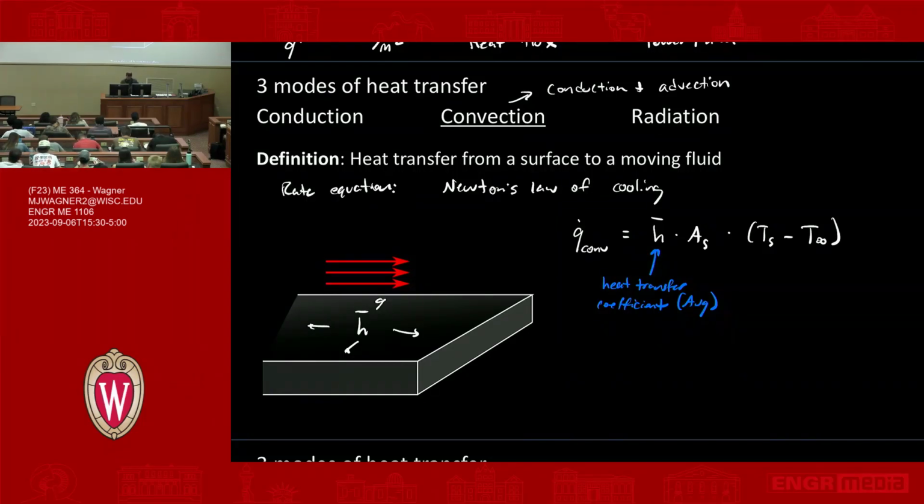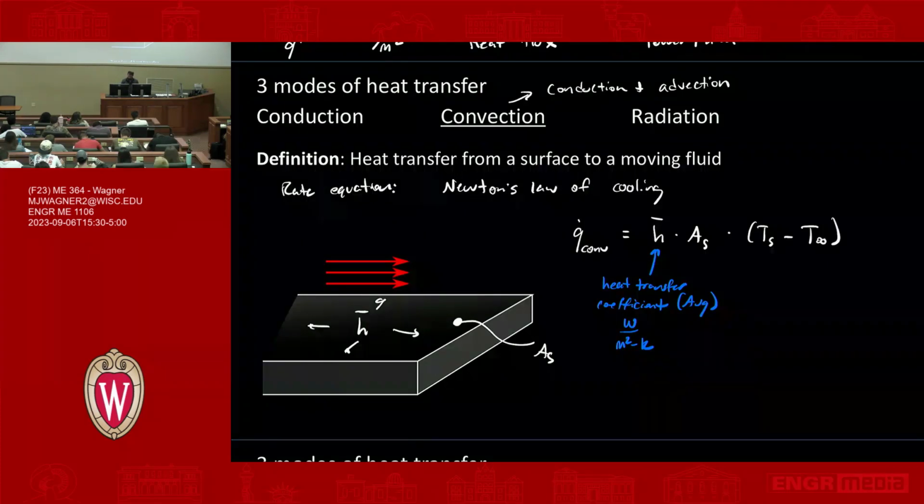A_s is going to be this surface up here. It's going to be the entire exposed surface area. So let me give you units on these. Q dot is in watts. h bar is watts per meter squared Kelvin. So it tells you, per temperature difference, per area, how much heat is going to transfer.